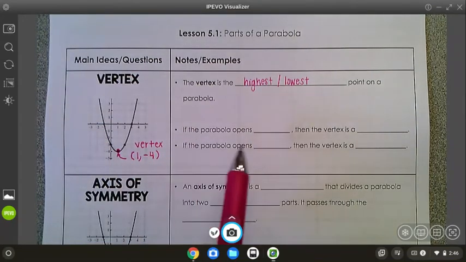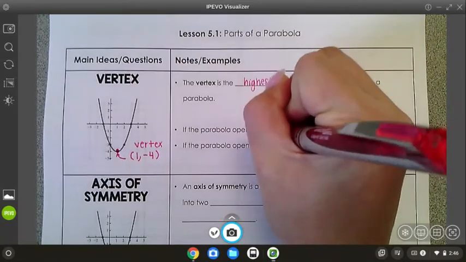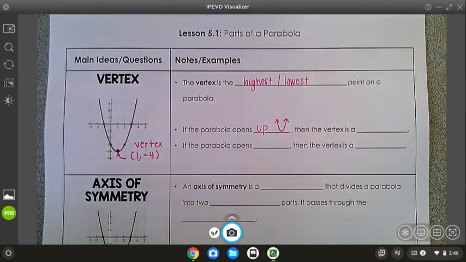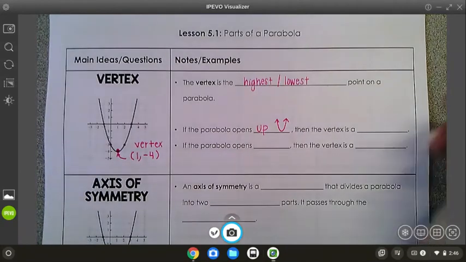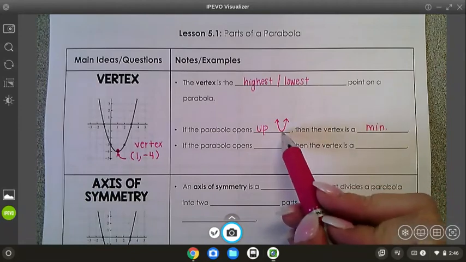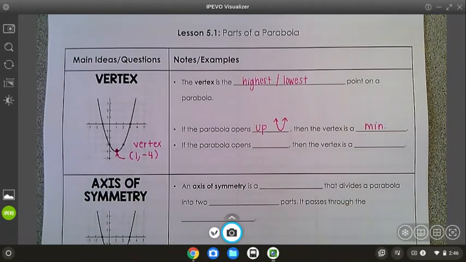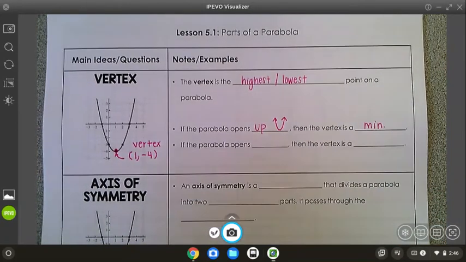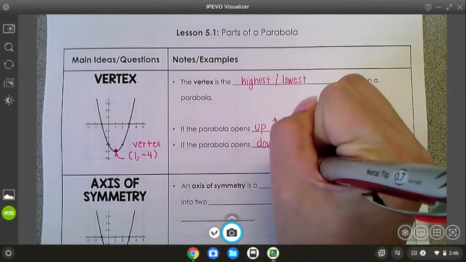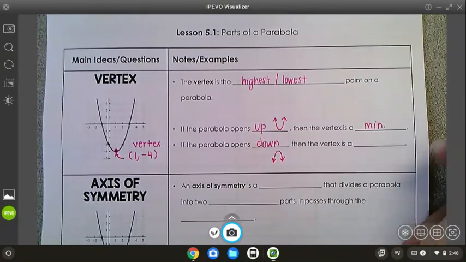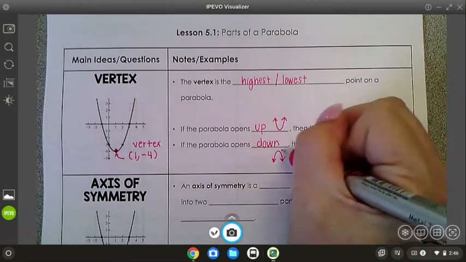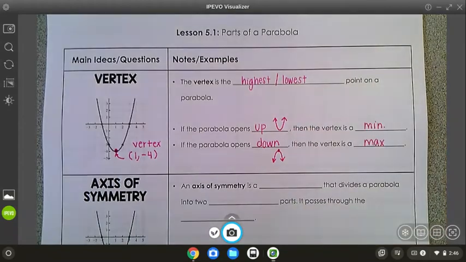If the parabola opens up, meaning like this, the arrows point up, then we say that the vertex is a minimum or a min because the vertex is at the bottom. It's the lowest point. If the parabola opens down like this, then we say the vertex is a max because the vertex would be at the top.